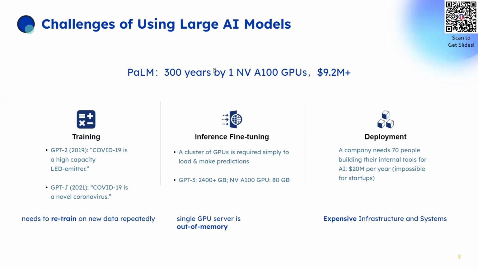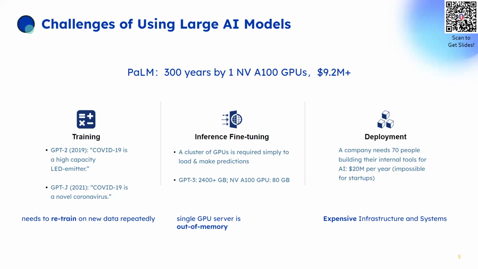Even if we can fit it on one GPU, the training on one GPU takes 300 years to train this model. We hope it's possible, but it's 300 years. It's not meaningful. That's why we need thousands, even tens of thousands of GPUs to train these models. And even with tens of thousands of GPUs, it's very expensive.